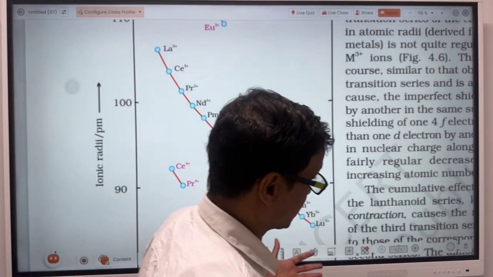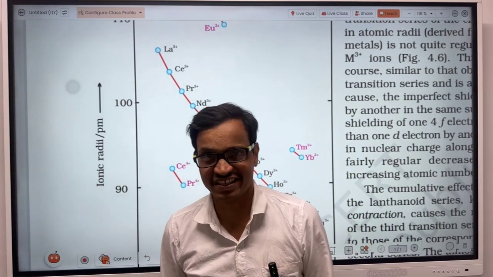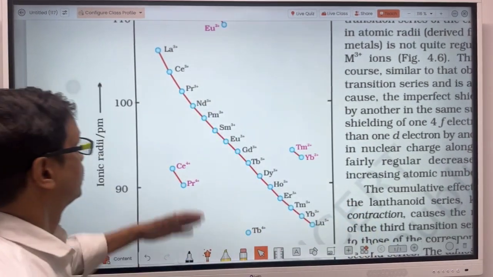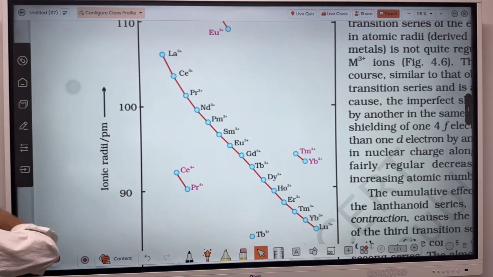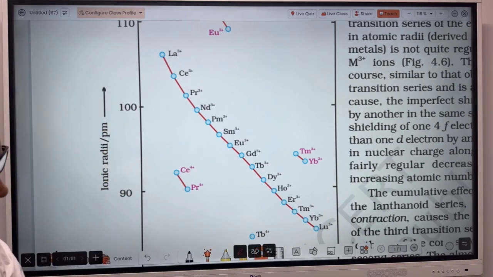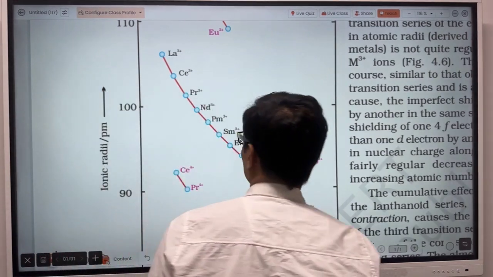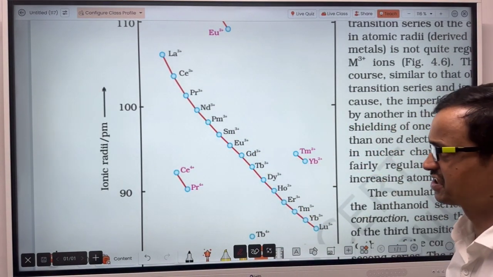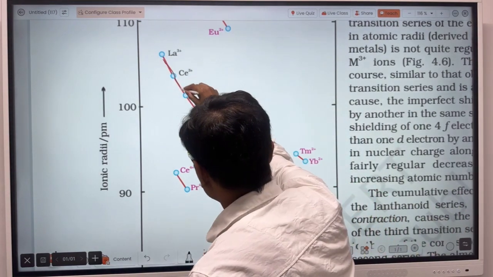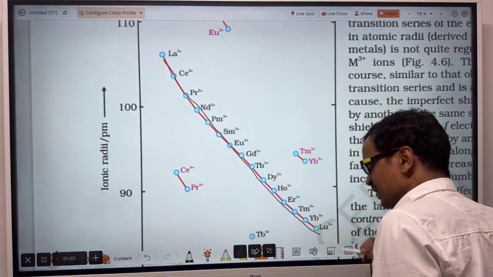The regularity in atomic size is frequently shown in the +3 oxidation state. The lanthanoids show a periodic trend in their size in the +3 oxidation state.